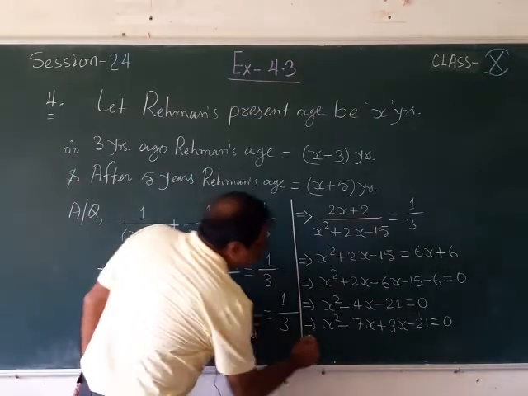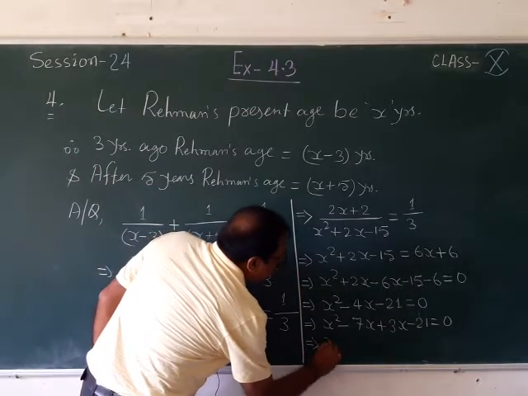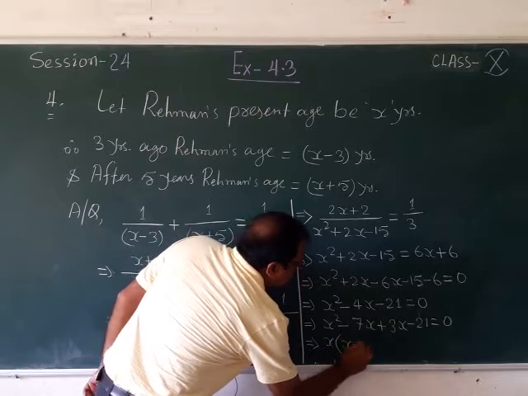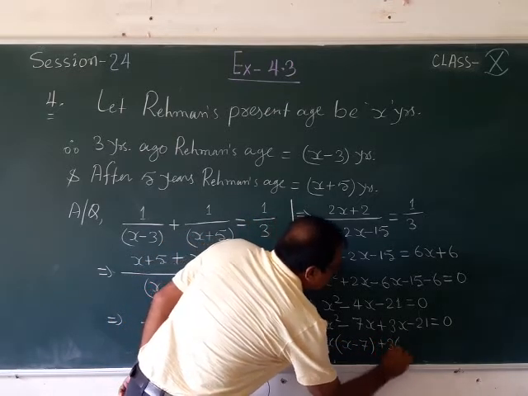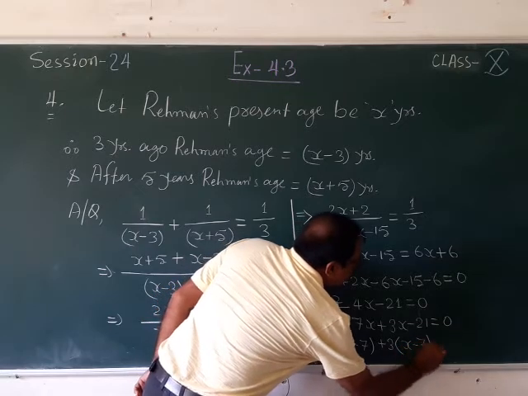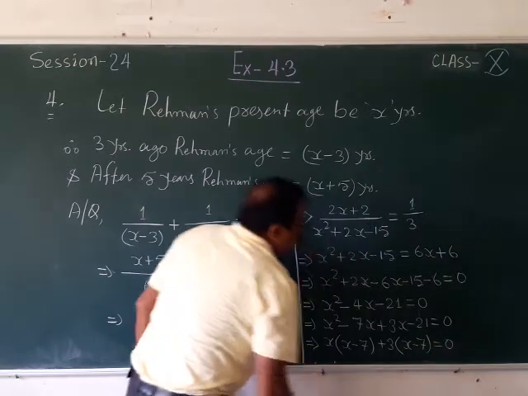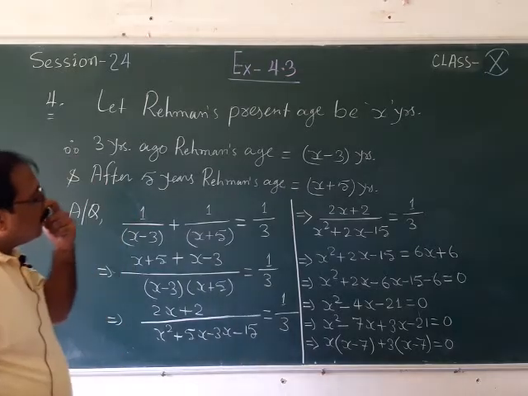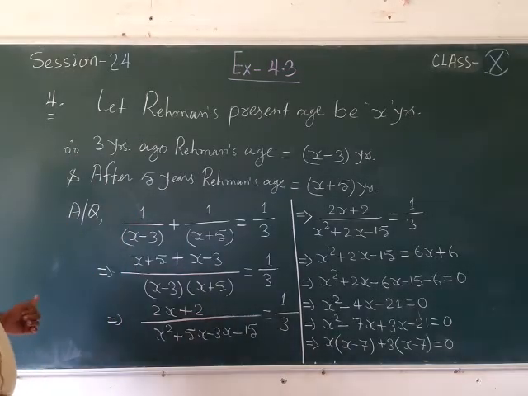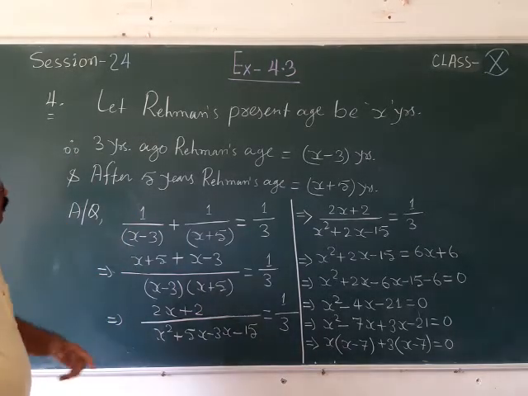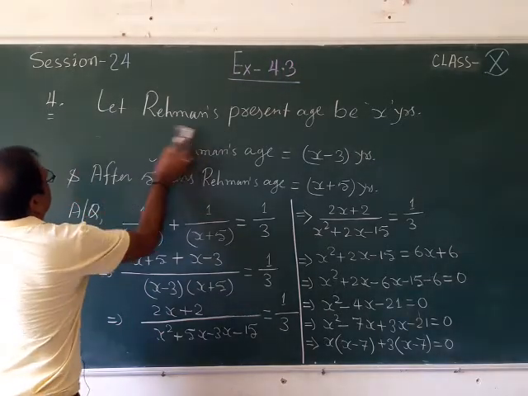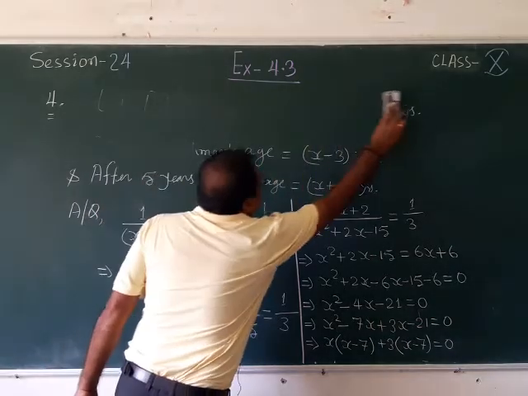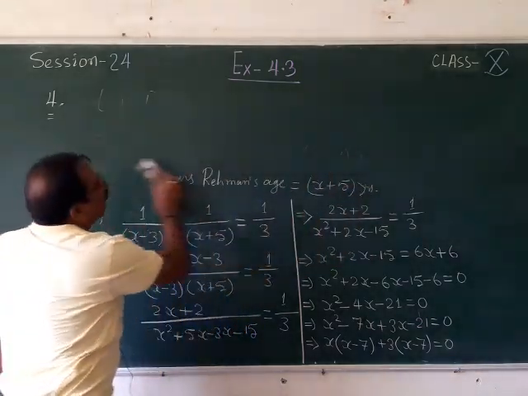So I am using the factor method to solve this question further. x minus 7, and here plus 3 if I am taking as common, x minus 7 equal to 0. So here I have applied the middle term splitting rule, by that I am factorizing it. So till here you copy down, then the remaining part I am going to write over there.